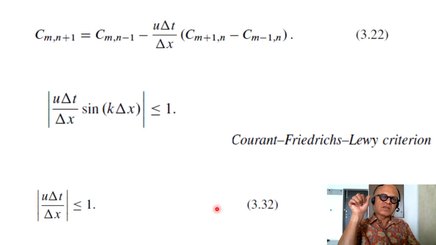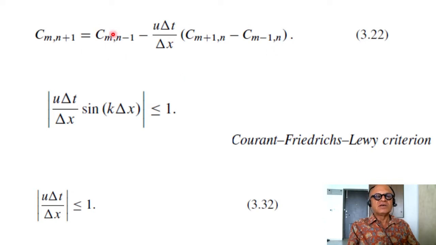So we looked at a numerical solution that is stable but had error because of this numerical mode, and we are looking at a numerical solution for some choices of delta t and delta x where the solution blows up. So we don't want that either. So C m n plus 1 is again our equation, C m n minus 1 minus u delta t over delta x, C m plus 1 n minus C m minus 1 n.